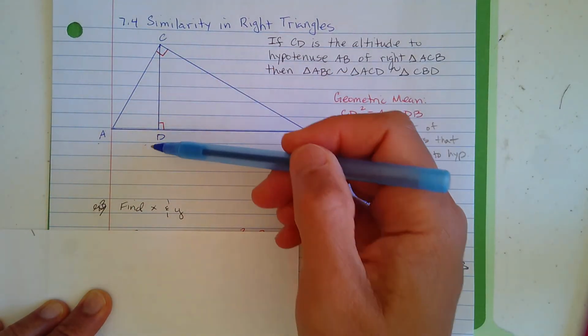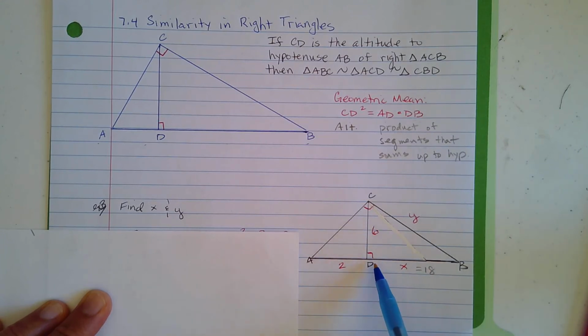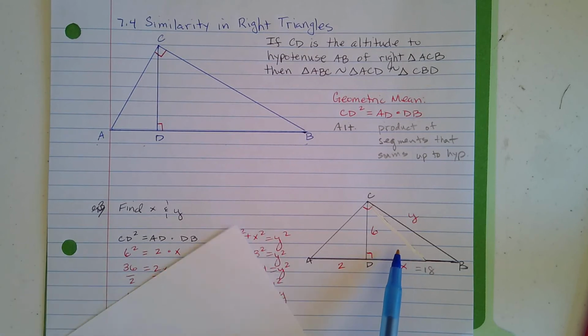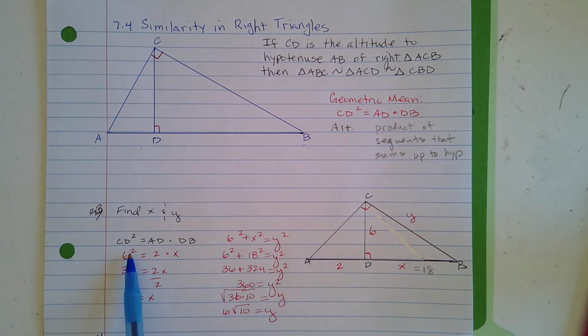I locate the altitude. This is the altitude. So the altitude is going to be CD squared equals AD times DB. So that's what's set up right here.